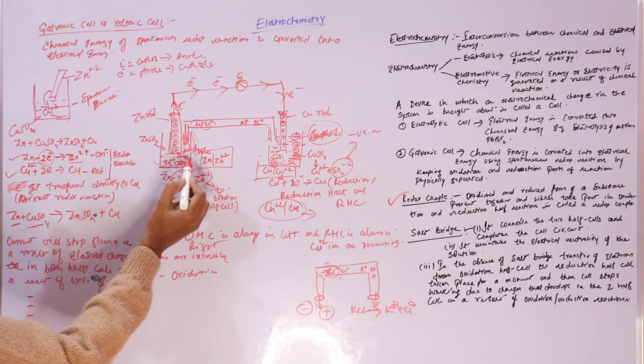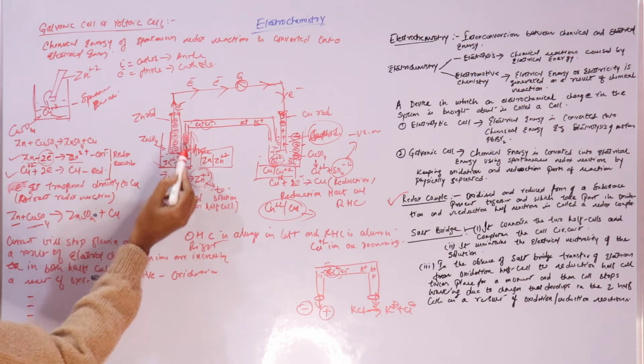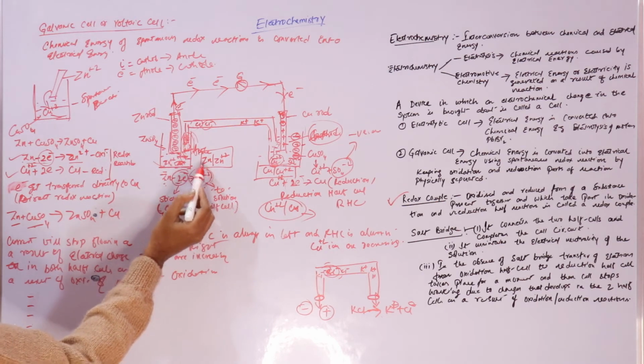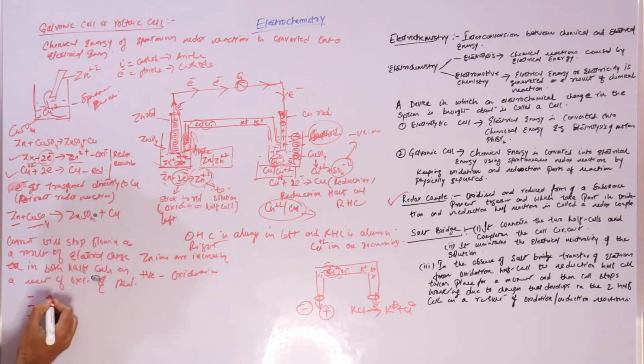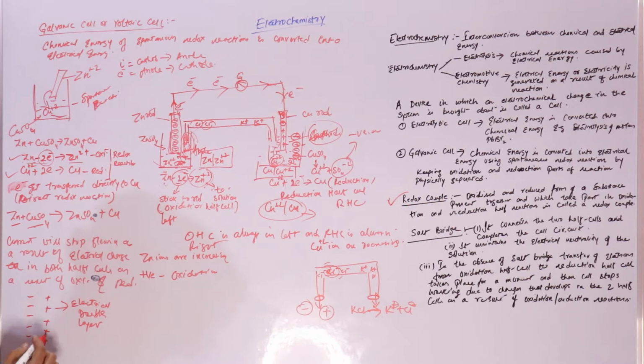And this solution becomes positive because these positive ions which resulted from oxidation of zinc entered into the solution, and these positive ions made this solution positive. So we have one layer of negative charge, another layer of positive charge, right? We call it the electrical double layer, right?